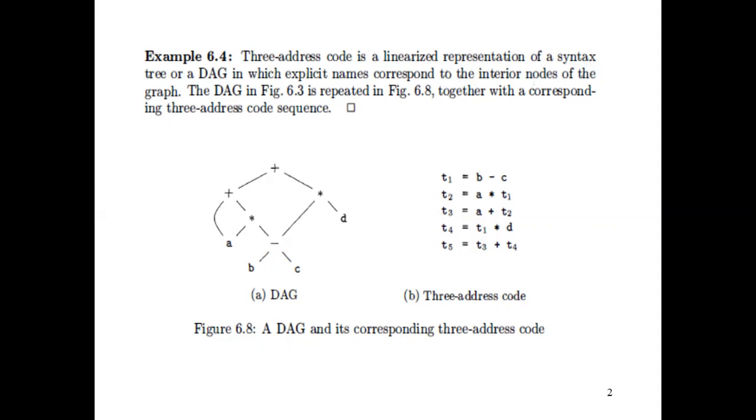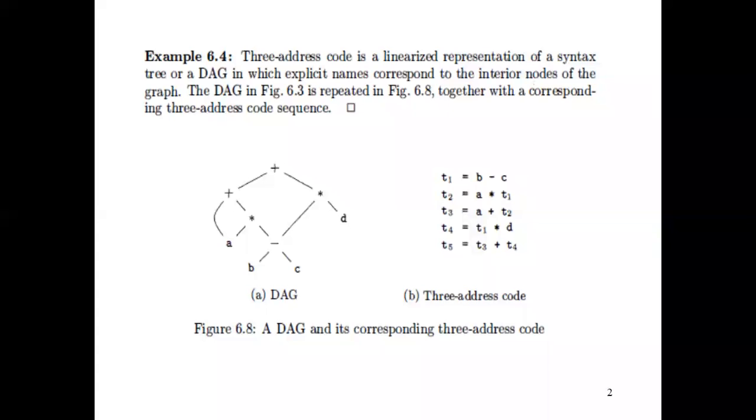First we will take the common part, and with the help of the directed acyclic graph we don't want to repeat the same expression again and again. So we first remove the redundancy from our expression, and after that we draw the directed acyclic graph.